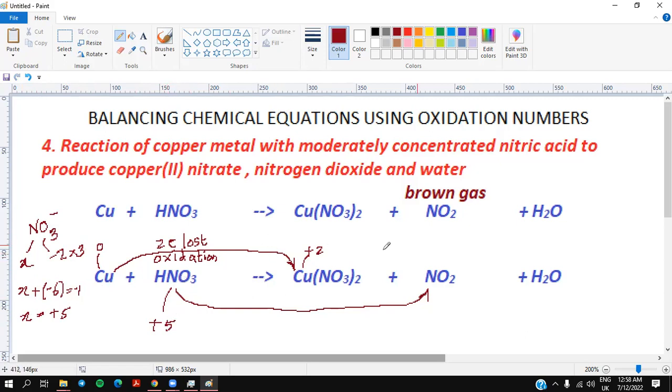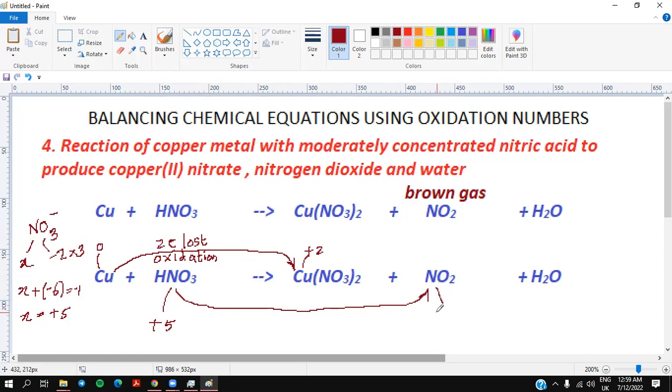If you go to the right-hand side, nitrogen is available in 2 places, with copper nitrate and nitrogen dioxide. But I don't touch copper nitrate because in nitric acid we have NO3. In copper nitrate also we have NO3. So there's no way oxidation number of nitrogen changes from nitric acid to copper nitrate. But there's a clear indication that oxidation number has changed in nitrogen over here with 2 oxygen atoms.